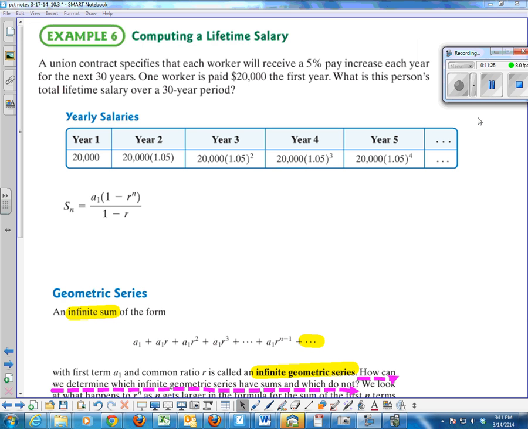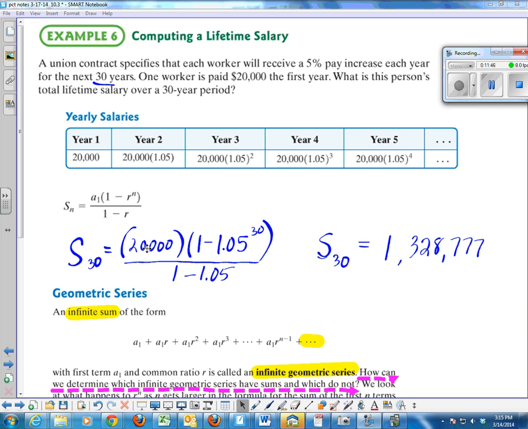Go ahead and pause to take a moment to read this. Okay, so calculating lifetime salary, we need the a sub 1, which is the 20,000. It looks from here that we can see that the R is 1.05. Plug those values in.